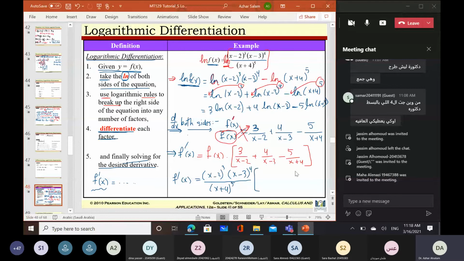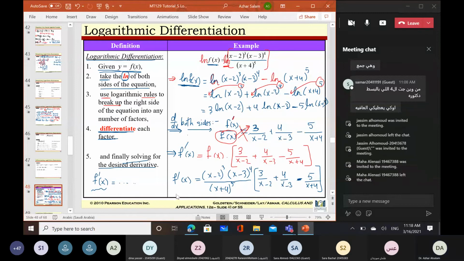Then multiplied by all these quantities, which are 3 divided by x minus 2 plus 4 divided by x minus 3 minus 5 divided by x plus 4. Okay, this is the final result. This is the derivative of f.